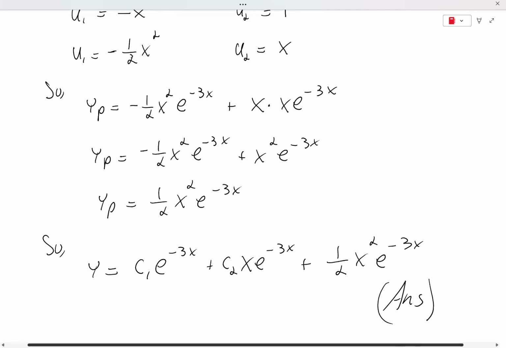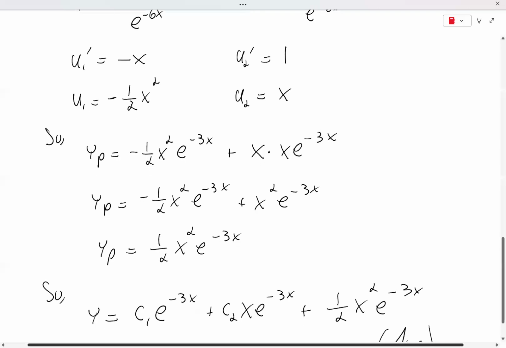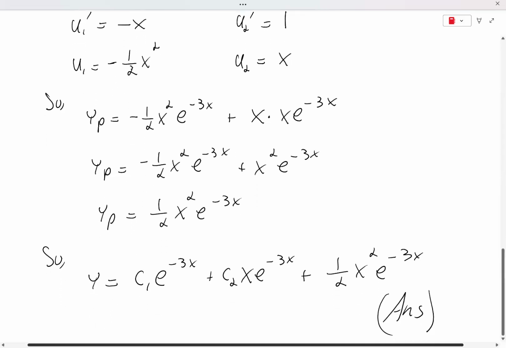Okay, so anything on that? And I'm just checking here. Let me check, make sure I got this right. That should be it there then.